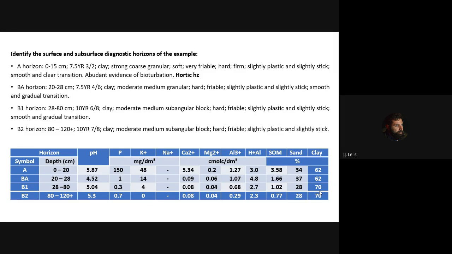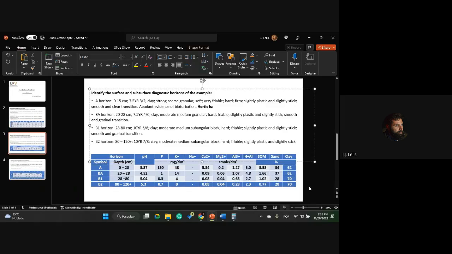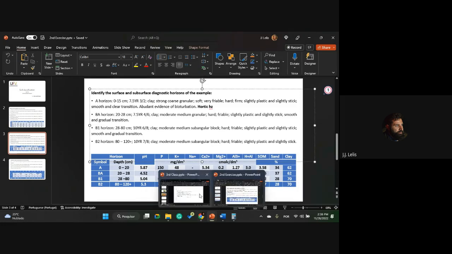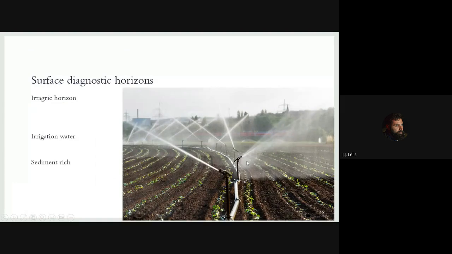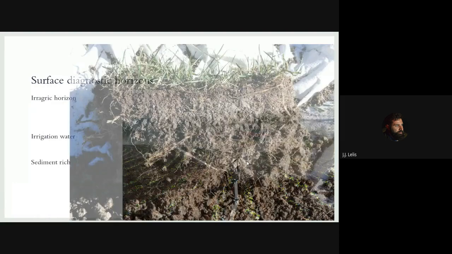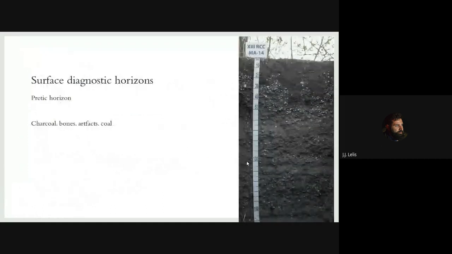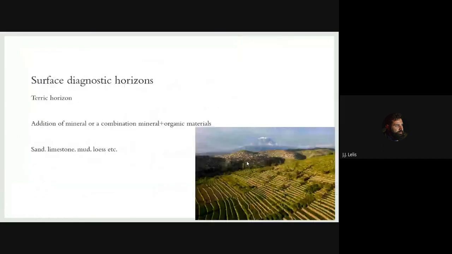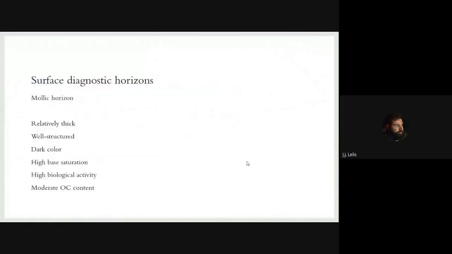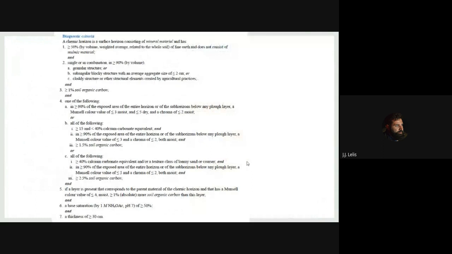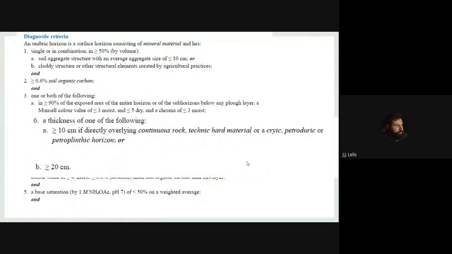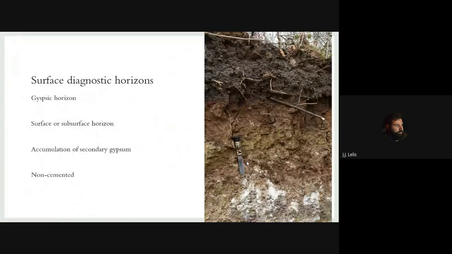Let's see other horizons that could be related. Just a moment. Okay. This could be a surface or a subsurface horizon, but it's related to the accumulation of secondary gypsum.